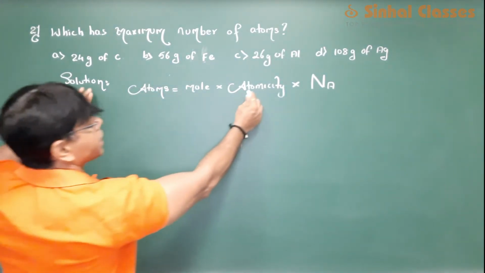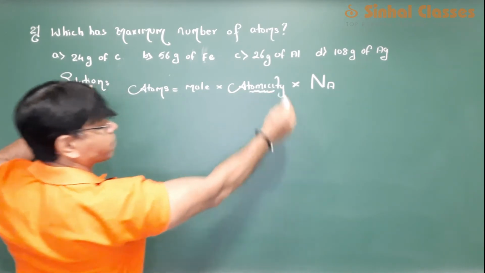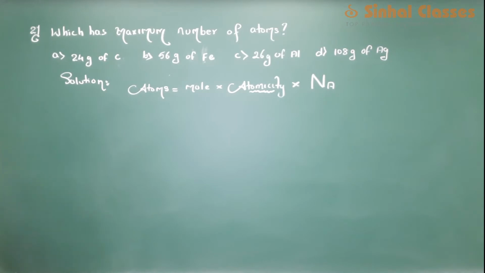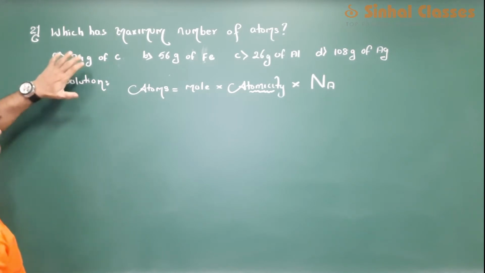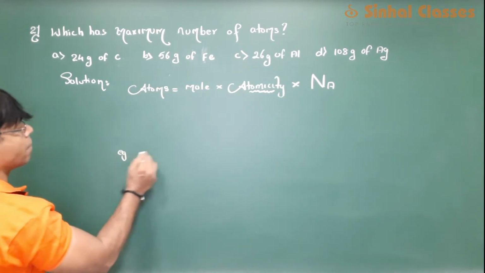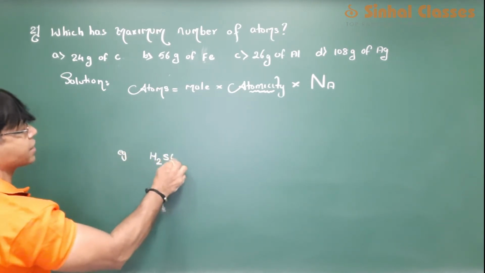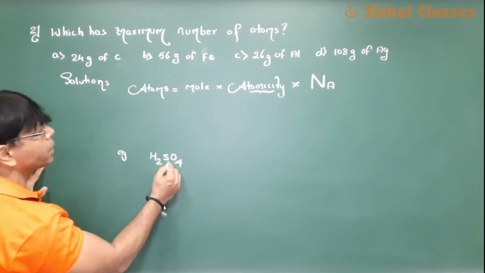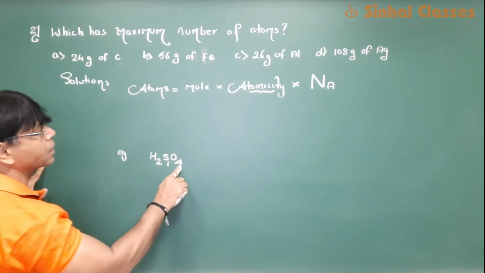Now you must be wondering, what is atomicity? Atomicity is the number of atoms present in the given molecule. Say for example, if I take H2SO4, atomicity will be 2 plus 1, 3, plus 4, 7.